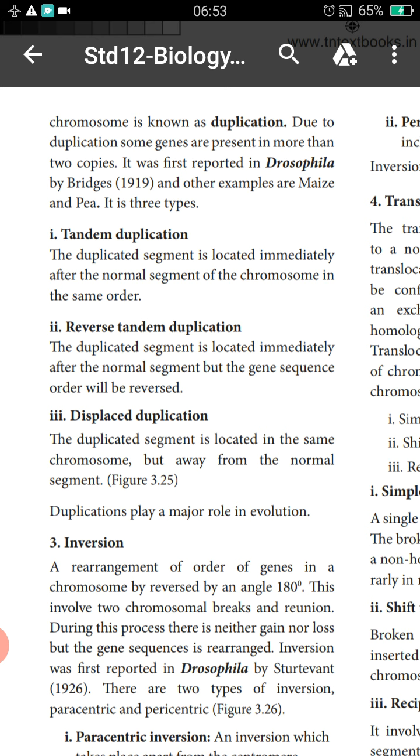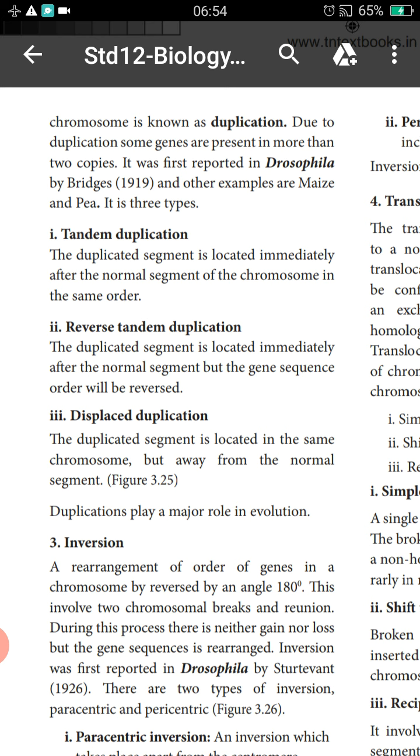Third is the displaced duplication. The duplicated segment is located in the same chromosome, but away from the normal segment. So then it is called as displaced duplication. Duplication plays a major role in evolution. Here we have studied deletion: if a large segment is deleted, it will cause the death of the organism.